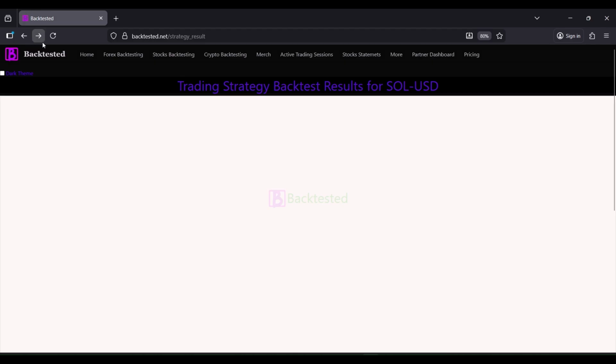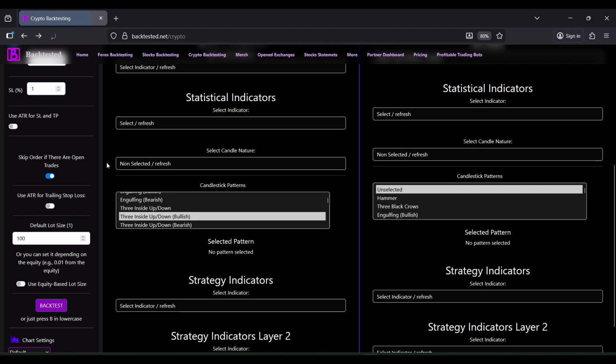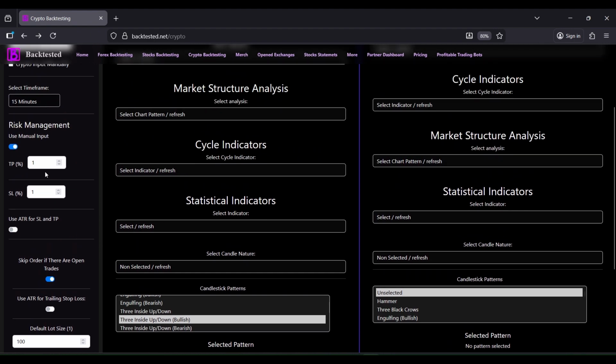I feel like the stop loss is a bit tight, and so is the take profit. So we will go back and try to tweak the take profit and the stop loss and see 2%.